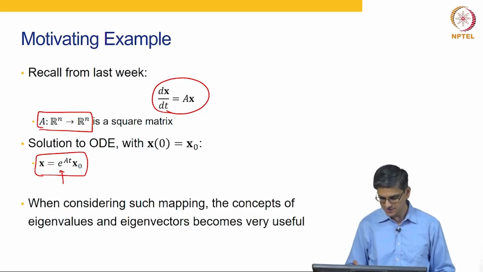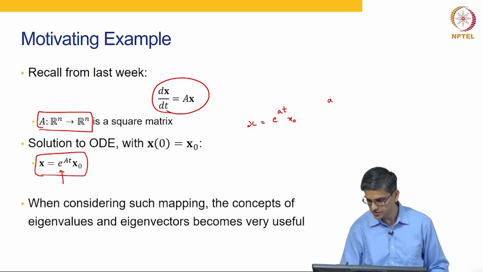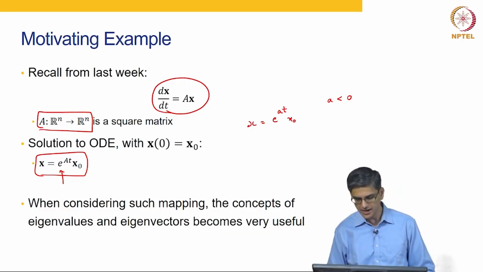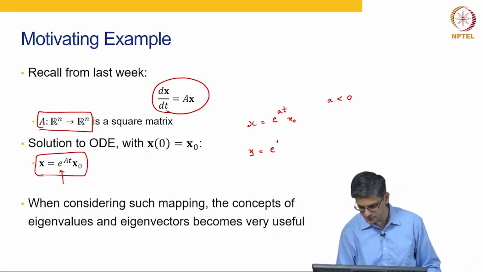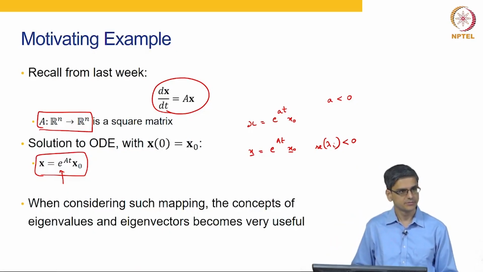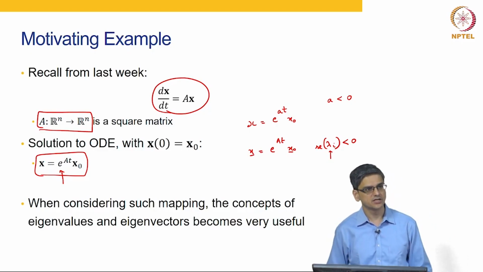Last week we had said that for a single variable system, x equal to e to the power at x naught is stable if a is less than 0, and then we said that x bar equal to e to the power capital AT x naught bar is stable if the real part of all lambda is less than 0, right, and that was what we used in order to make a segue into eigenvalues and eigenvectors.